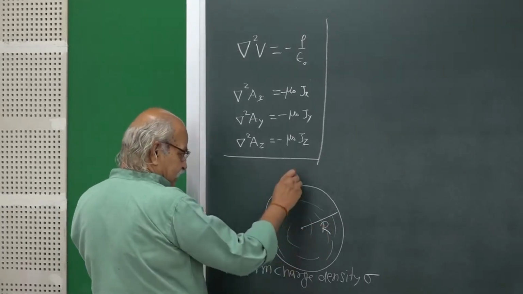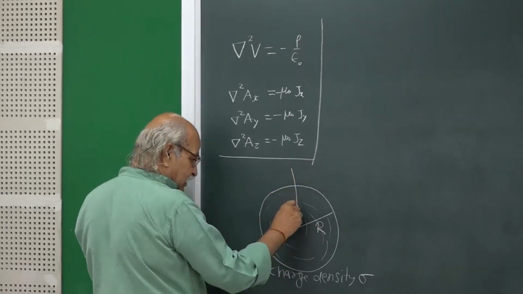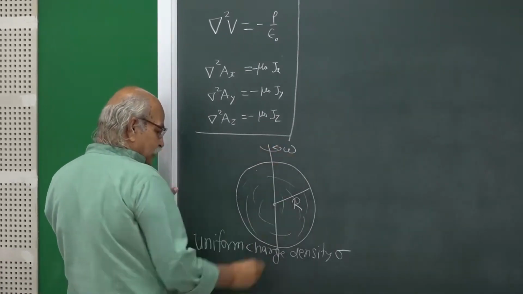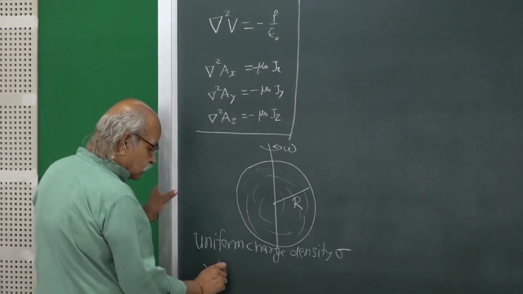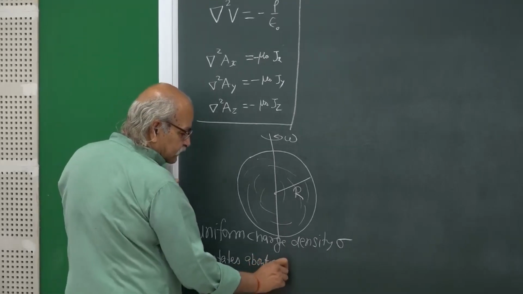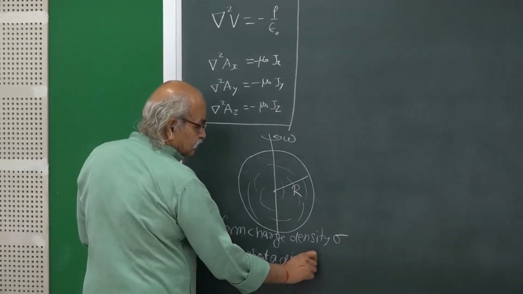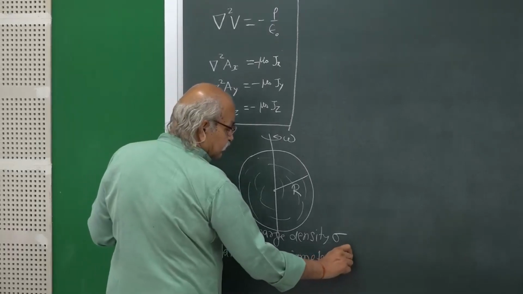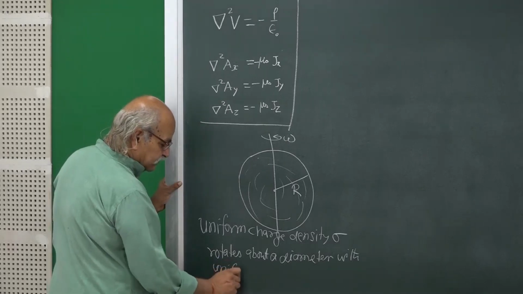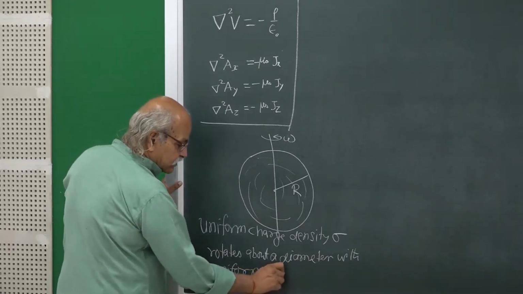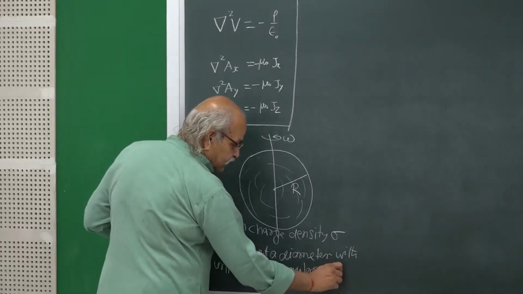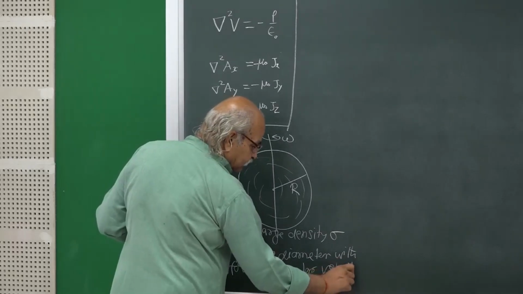Radius is r, and then it rotates about a diameter with a uniform angular velocity, and that is omega.